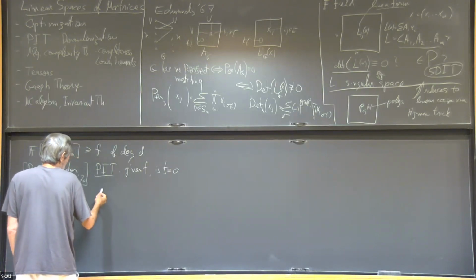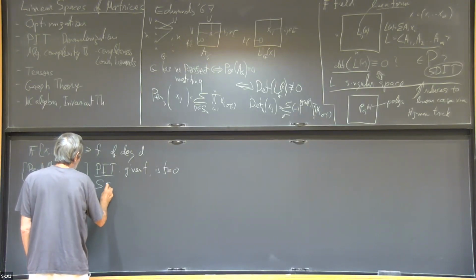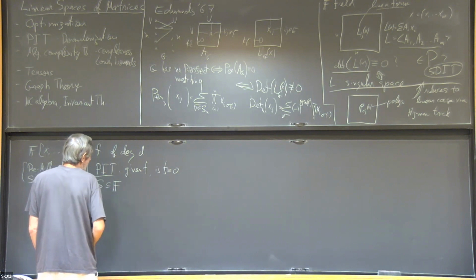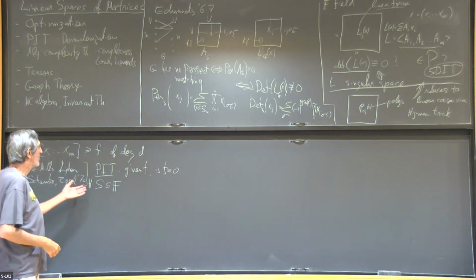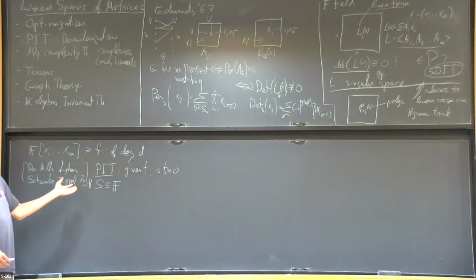Suppose that in your field you have some set S, any set, and think about choosing random values for the variables from this set.